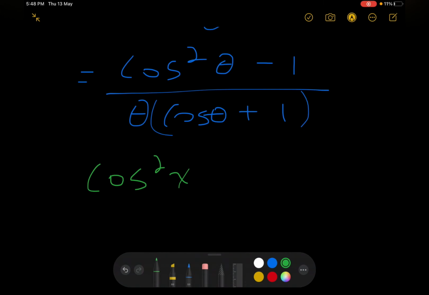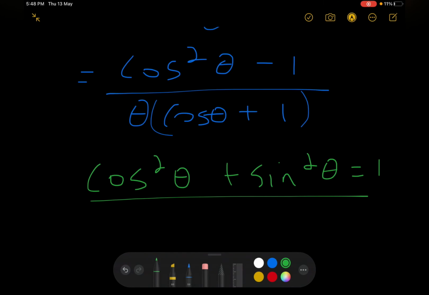Cos squared theta plus sine squared theta equals 1. So if I rewrite this and equate it to negative sine, it will be equal to what's in the numerator. So let's transpose for this, making this the subject of the formula, if we must.